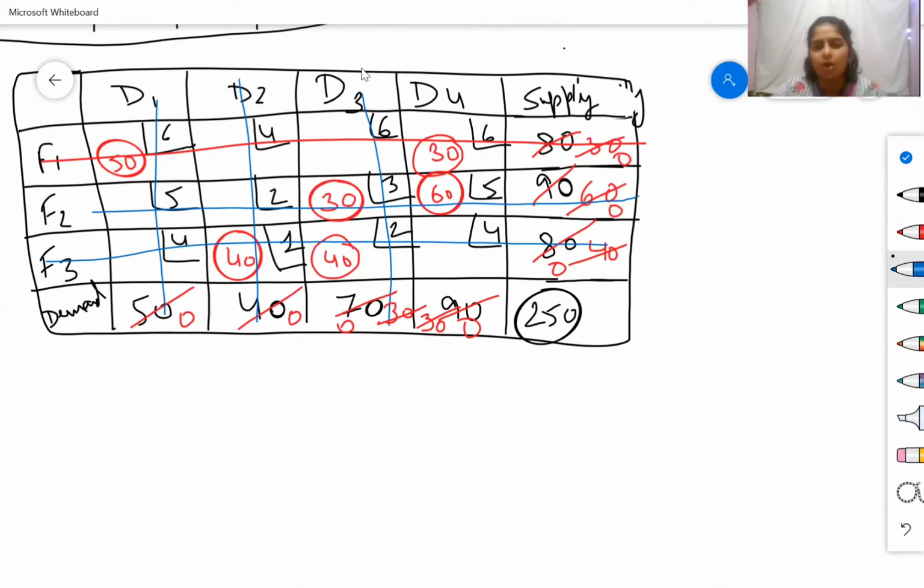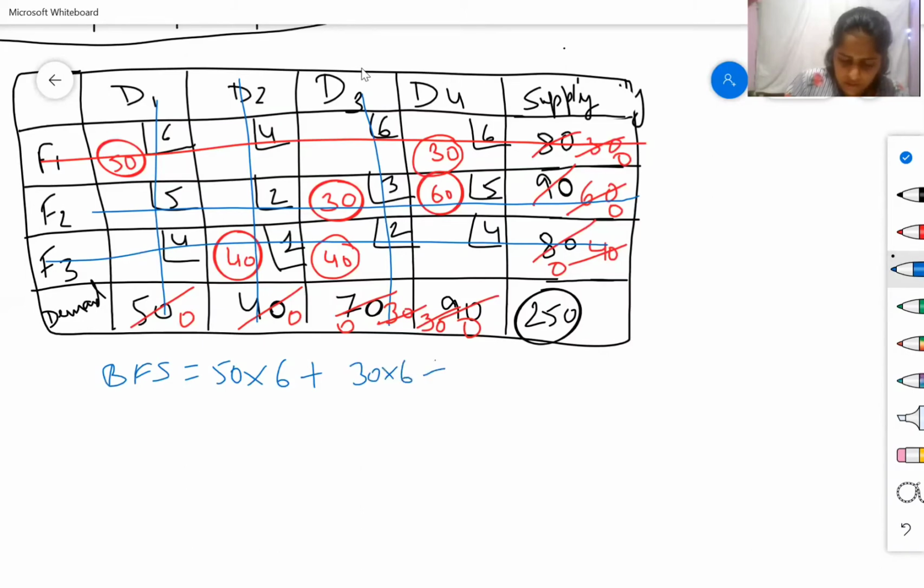We multiplied cost into allocated amount. So for the basic feasible solution, which is the total transportation cost, we will multiply 50 into 6, which is in F1 D1, plus we'll multiply F1 D4, which is 30 into 6, plus we'll add F2 D3, which is 30 into 3, plus F2 D4, which is 60 into 5, plus F3 D2, which is 40 into 1, plus F3 D3, which is 40 into 2.